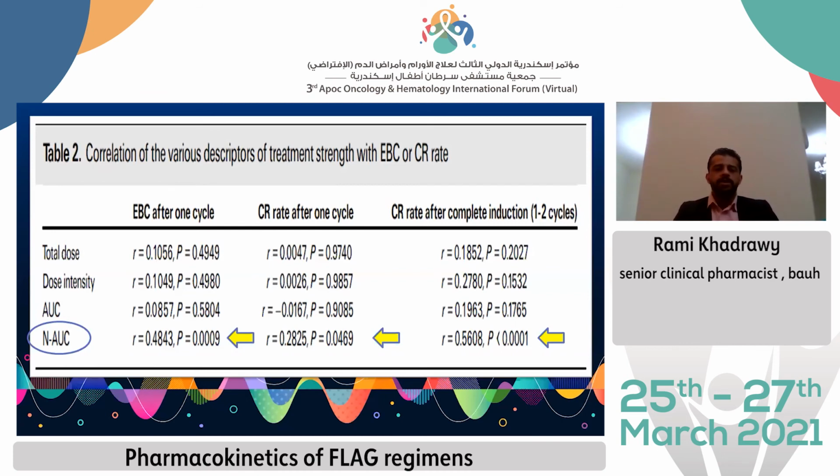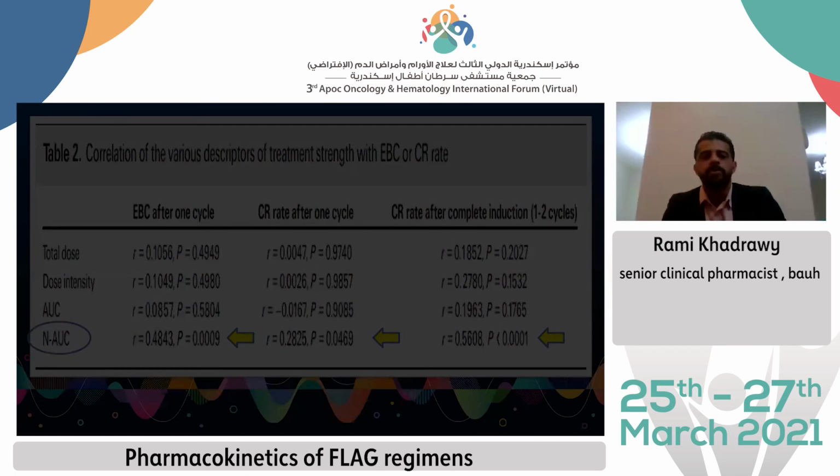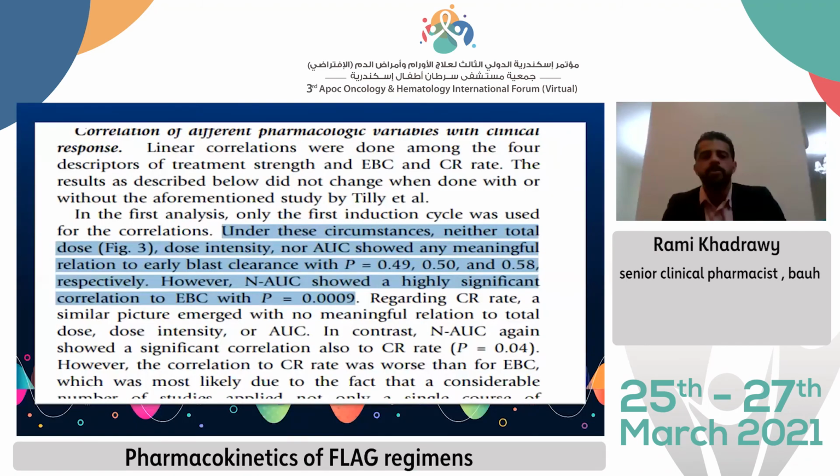However, the AUC, dose intensity and total dose did not show significant correlation, with p-values of 0.5, 0.4, and up to 0.9 in CR rates. They concluded that under these circumstances, neither total dose intensity nor the AUC showed any meaningful relation to early blast clearance. However, the AUC weighted by concentration coefficient N showed a highly significant correlation to early blast clearance with a p-value of 0.0009.